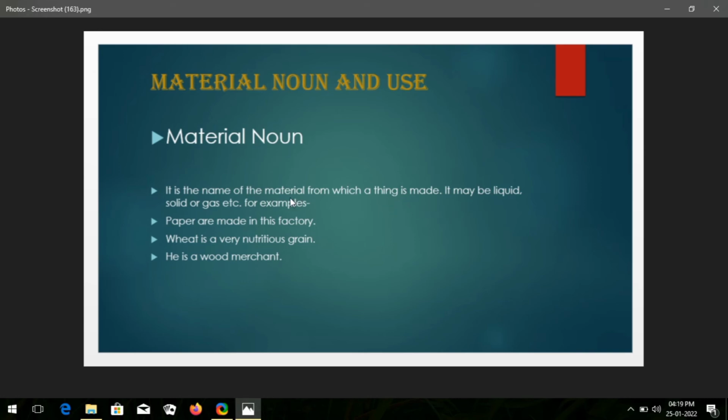It may be in the form of liquid, solid or gas. Let's go through the examples. Paper is made in this factory. So here paper is a material noun. And wheat is a very nutritious grain, so wheat indicates material noun. He's a wood merchant. So here wood indicates material noun.